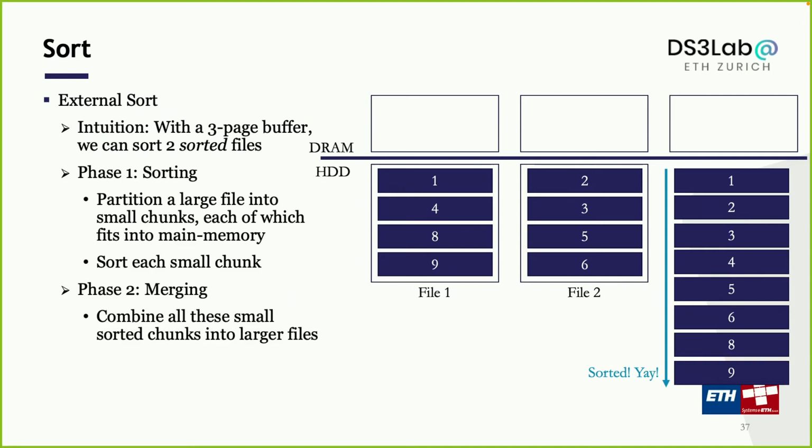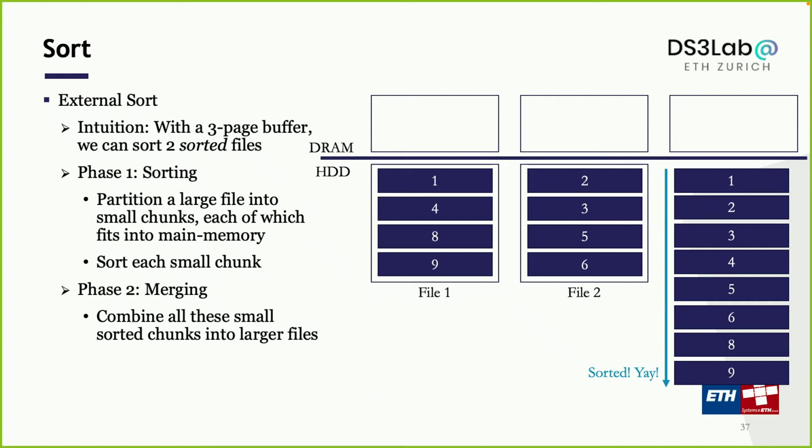That gave you a very powerful, pretty intuitive way of sorting an even bigger file. I partition the algorithm into 2 different phases. In the first phase, the sorting phase, I partition a very large file into a whole bunch of small chunks.